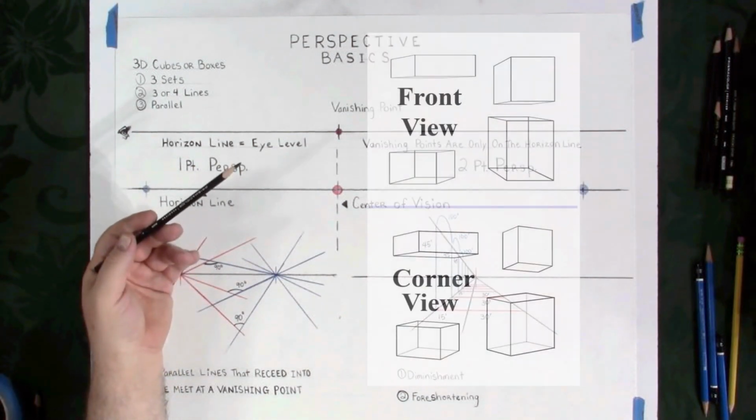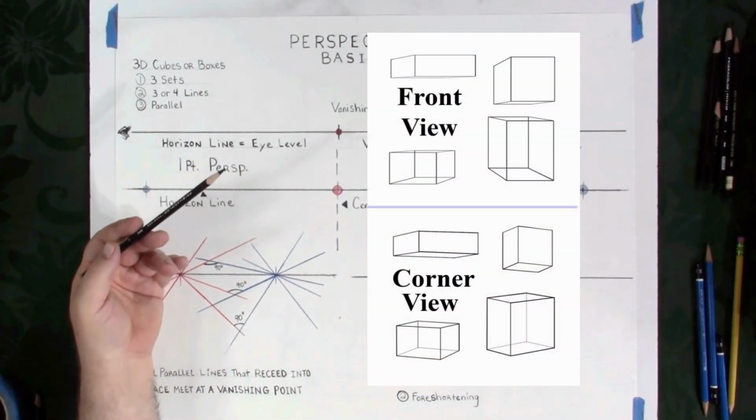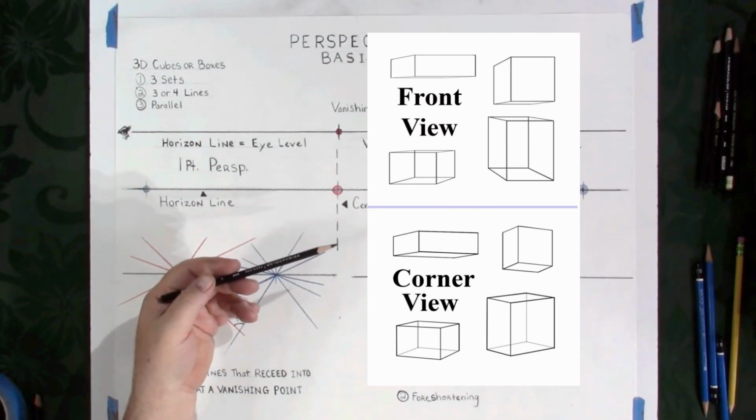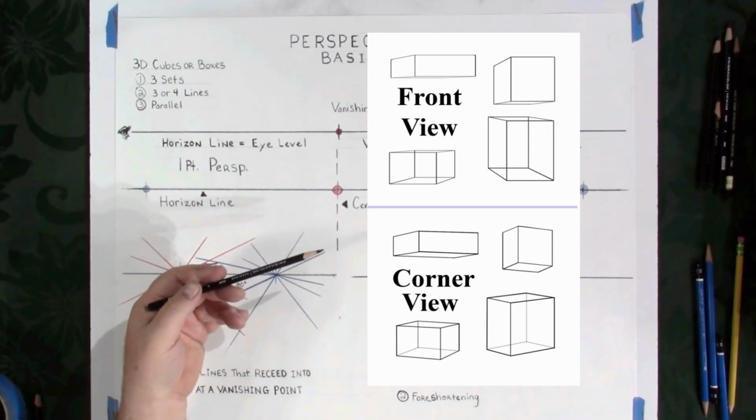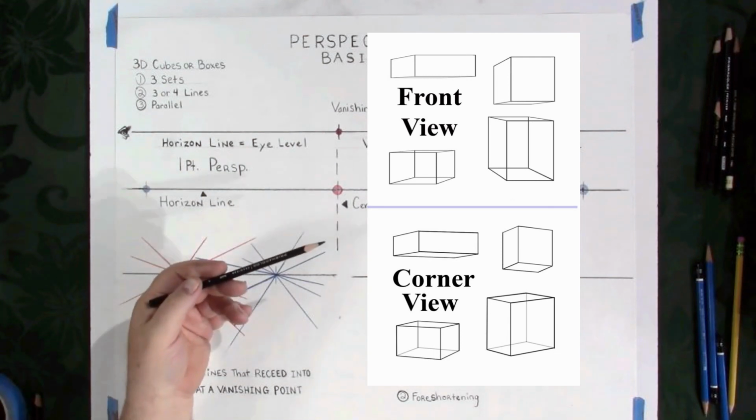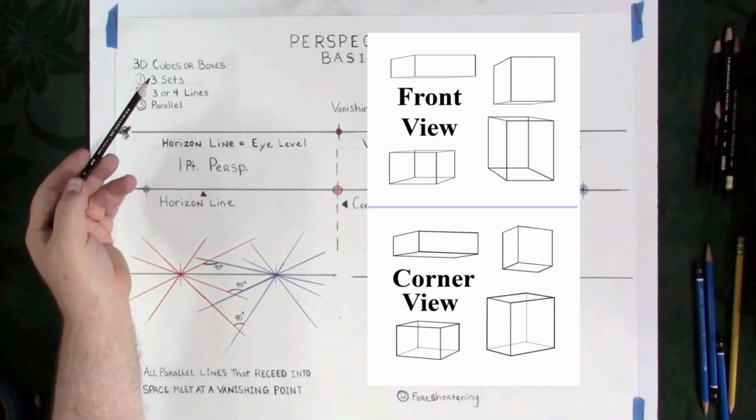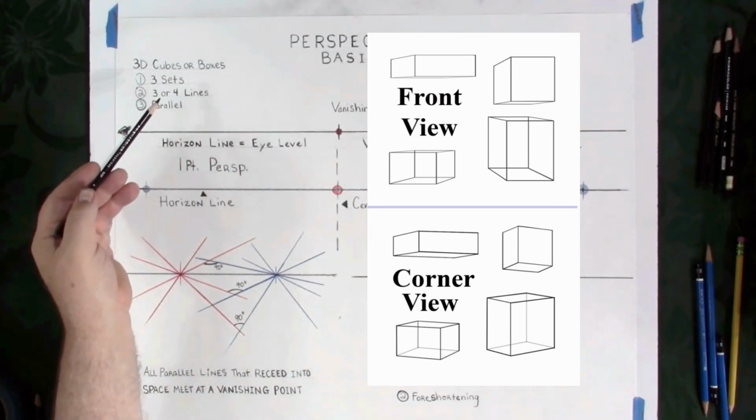The front view boxes, we could see the front face and were 90 degrees to the line of sight. And the corner view boxes were not 90 degrees to that line of sight. So we were drawing corner view boxes and front view boxes using the method of 3 sets of 3 or 4 lines that are parallel.